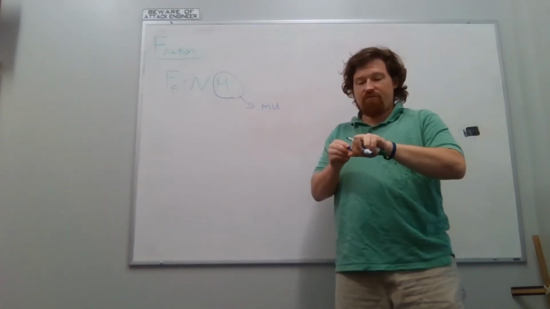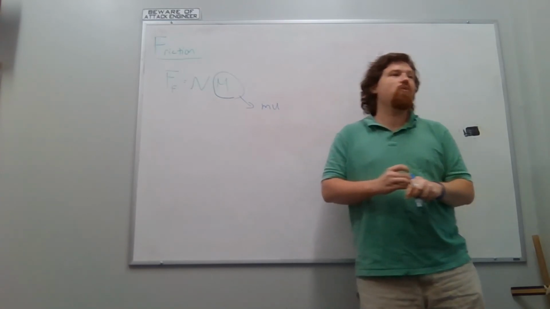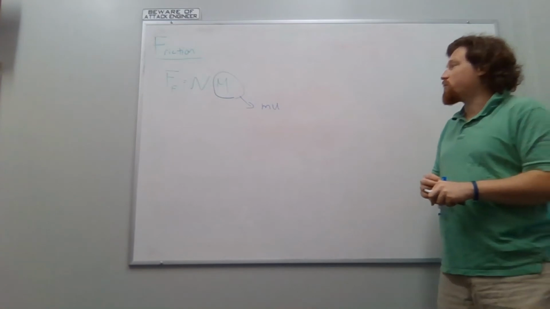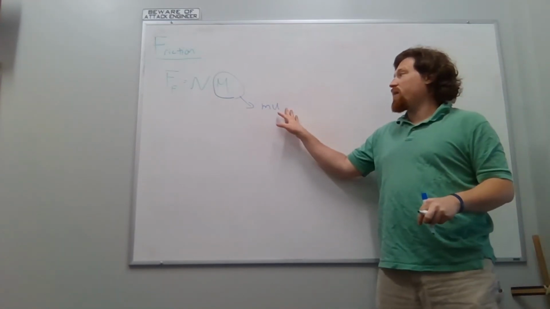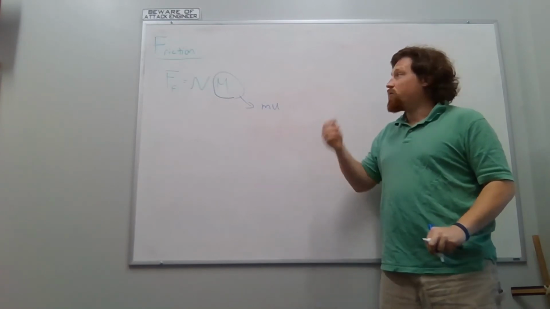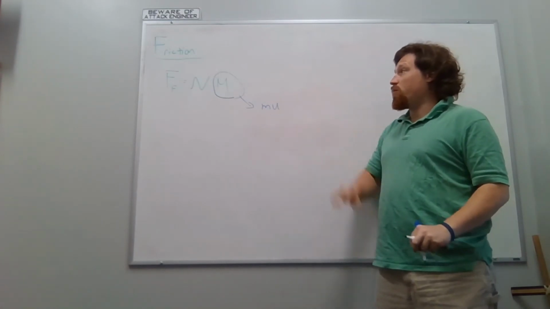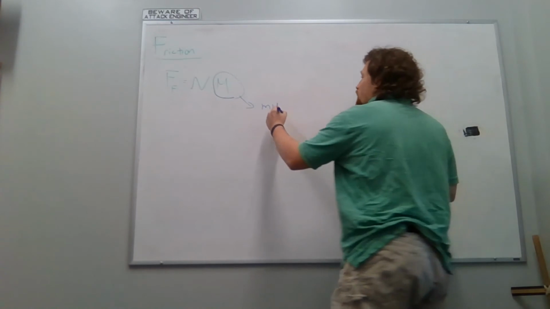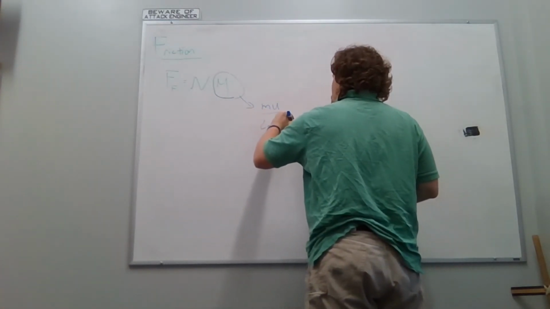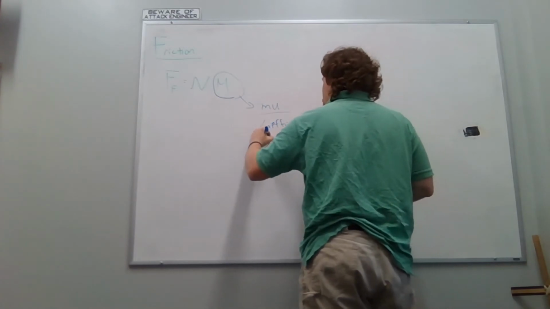We don't have a fraternity on campus with a mu in it, to my knowledge, but we do have one with a nu in it. So mu is kind of like the M to nu's N. So this is a Greek letter, mu, and it represents the coefficient of friction.